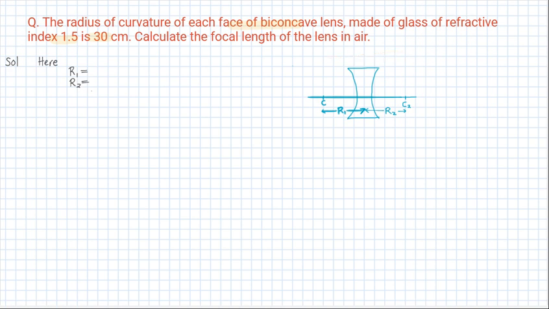In that case, according to the sign convention, R1 will be negative, so I'll write down minus 30 centimeter.